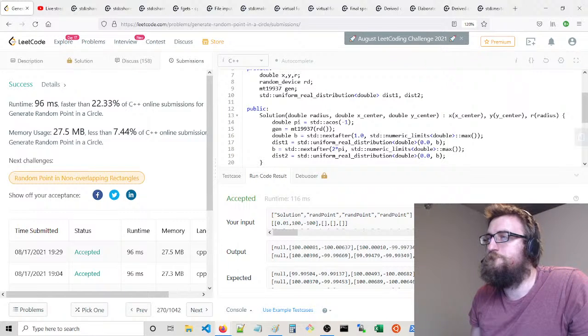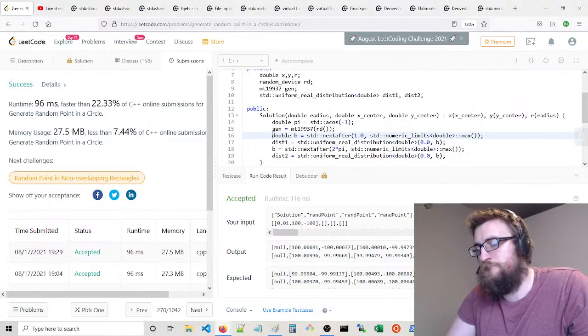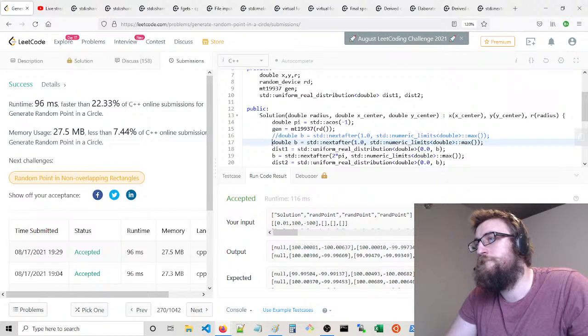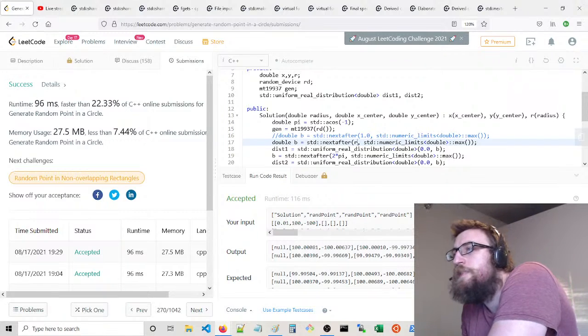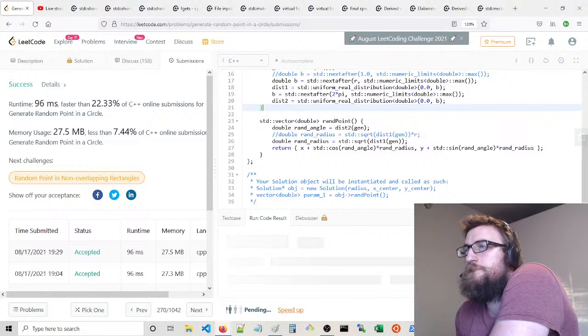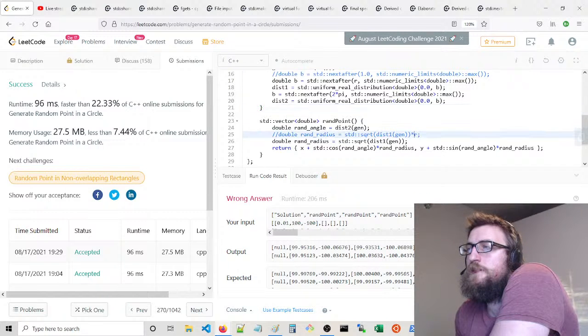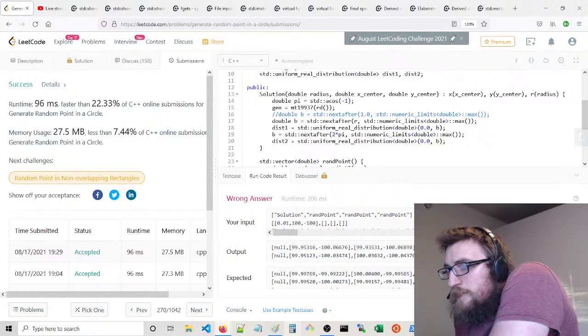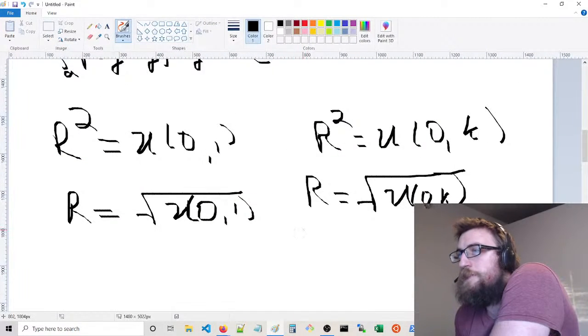So this is dist 1, right? Just compile. And part of the reason, by the way, is that this k doesn't go all the way to r squared, or it doesn't go all the way to r if you take the square root of this.